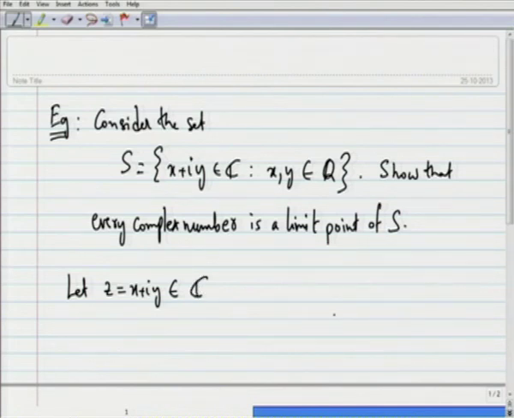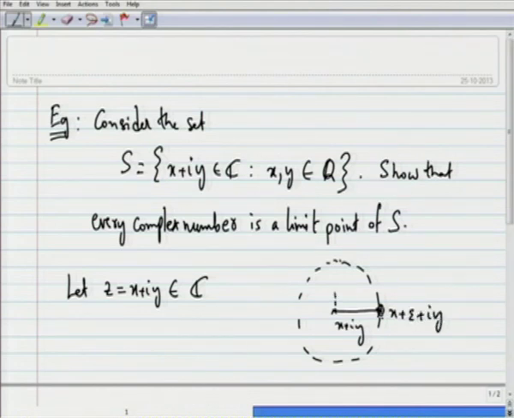So, here is the picture, you have x plus I y, and then you take any epsilon ball around it. On a horizontal line, the coordinates of this point on the boundary are x plus epsilon plus I y.